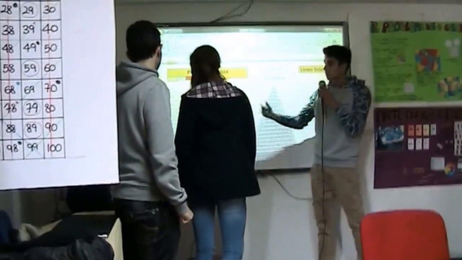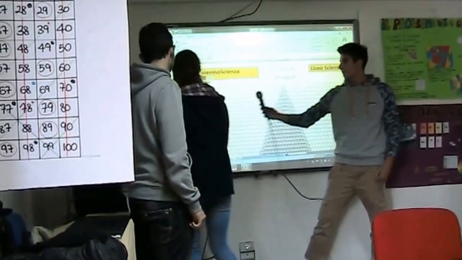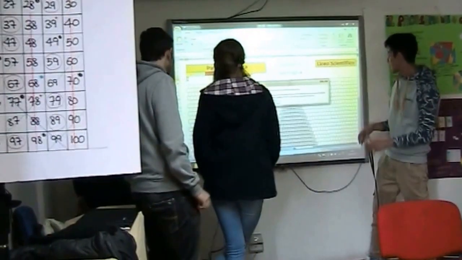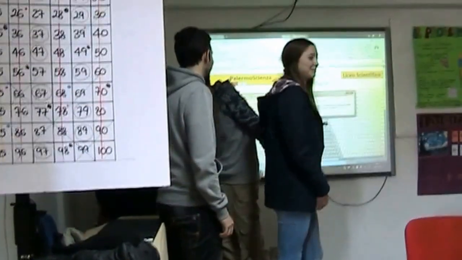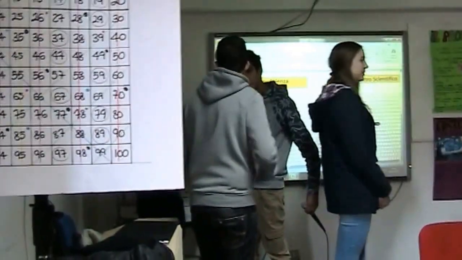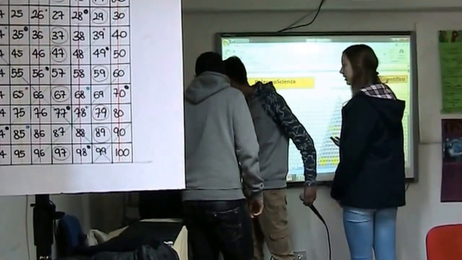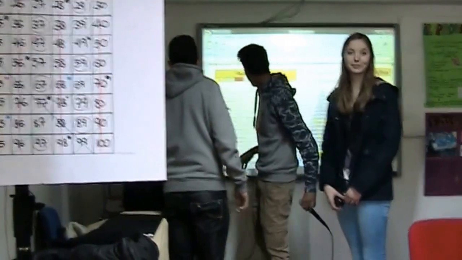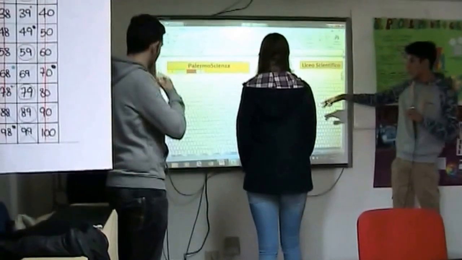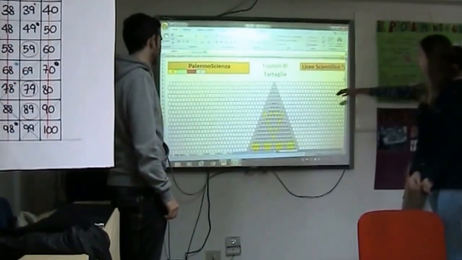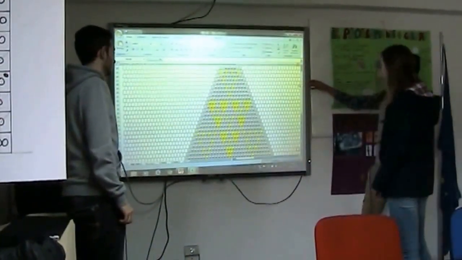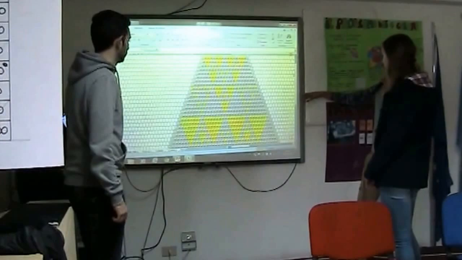So you can see the multiples of 8 highlighted in yellow in this triangle.